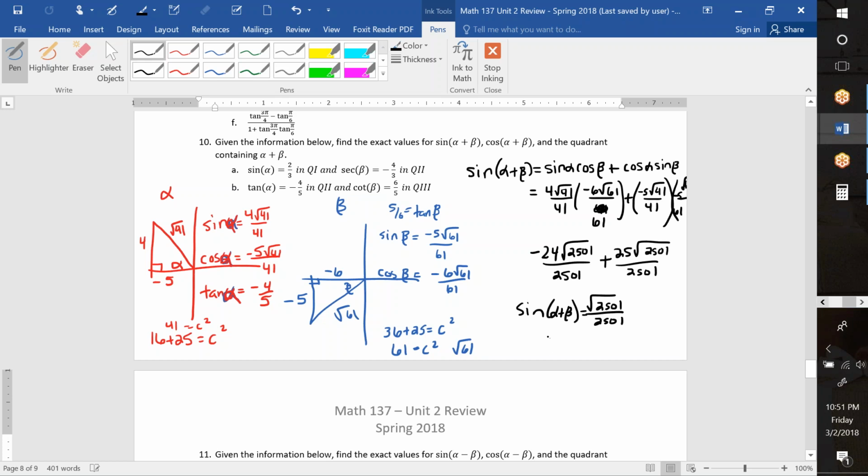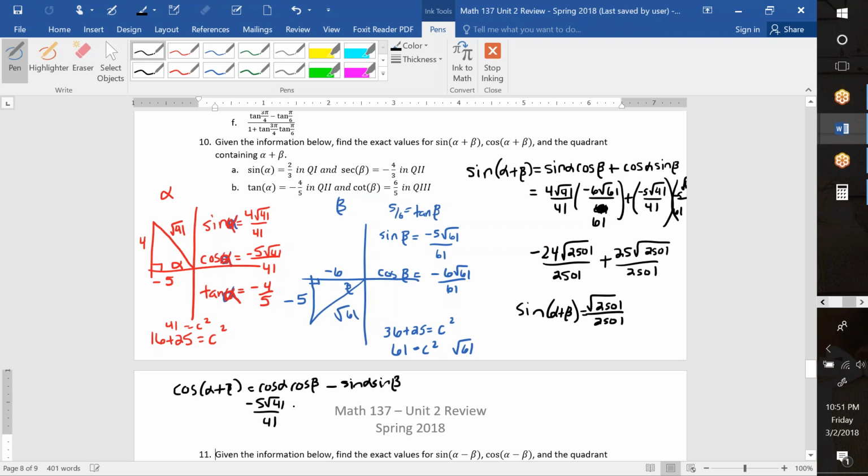Okay, and then when we look at the cosine formula, which I didn't give myself a lot of room for. Cosine of alpha plus beta is cosine alpha, cosine beta. They're disagreeable, so minus sine alpha, sine beta. So cosine alpha is negative 5 square root of 41 over 41.